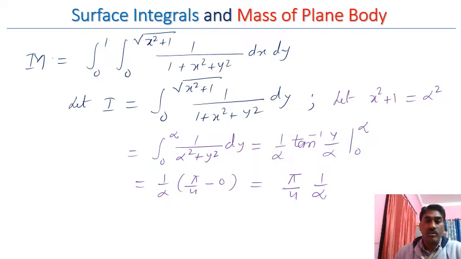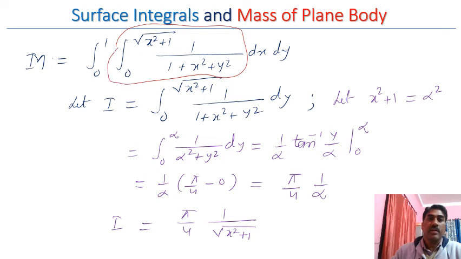So we got pi by 4, 1 by square root of x square plus 1. This is our value of I, the inner integral. We have now integrated the inner part and put the value of I here.